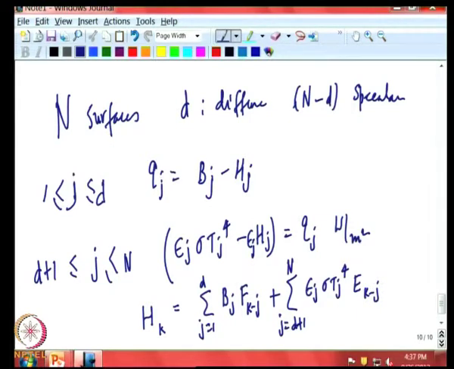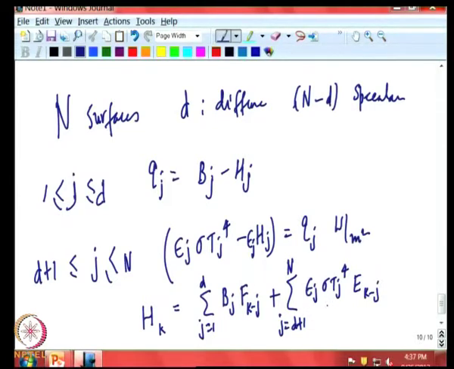So, the radiation coming from diffuse isotropic reflectors is treated differently from radiation coming from specular reflectors.